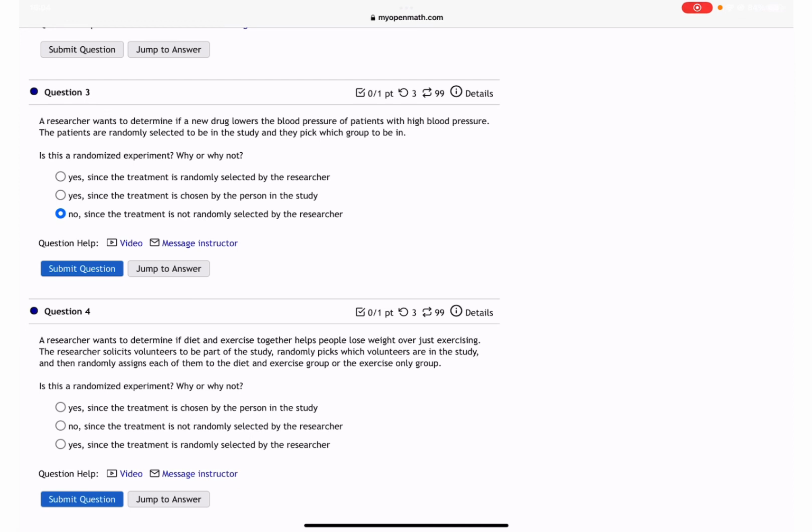So as you can see, it's randomly assigned the diet to randomly chosen people, and the exercise only group. In this case, we are going to have, yes, randomized experiment, because treatment is randomly selected by a researcher.